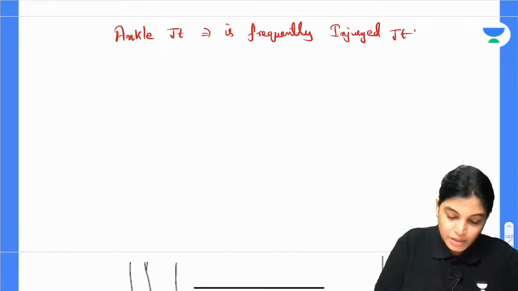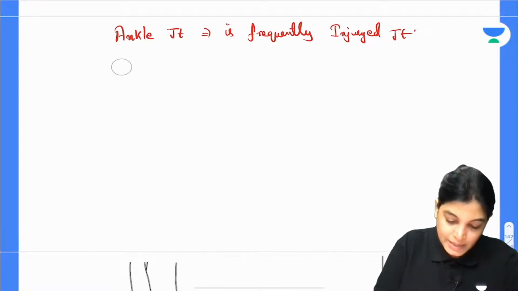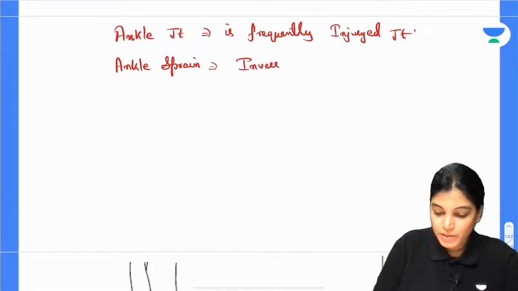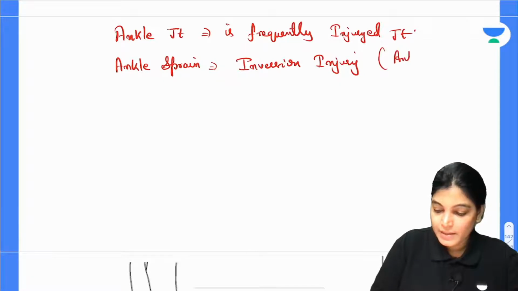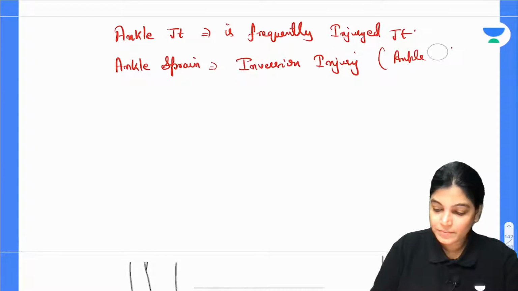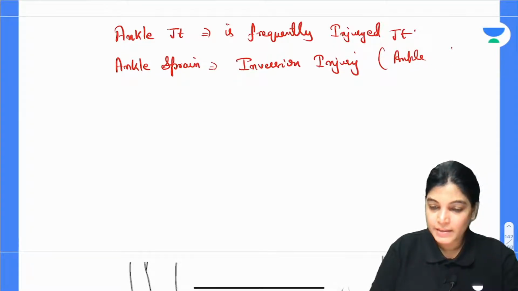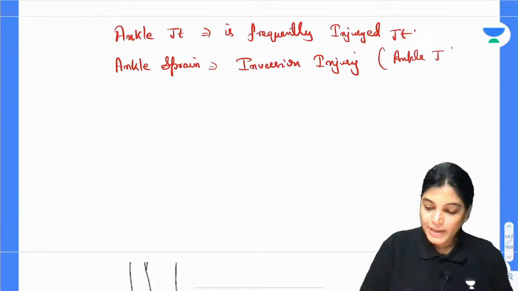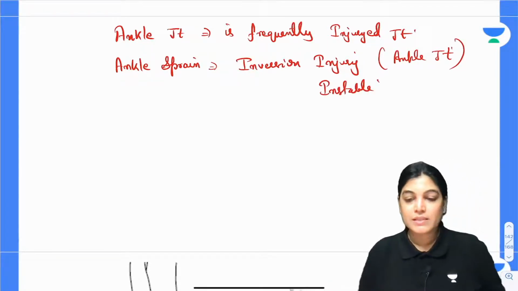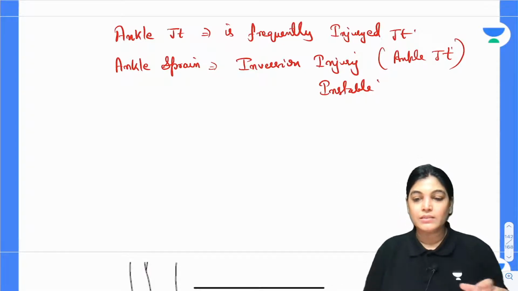So this is a case of ankle sprain, which is commonly seen as an inversion injury in which the ankle joint is plantar flexed. The ankle joint is unstable and it is twisted.